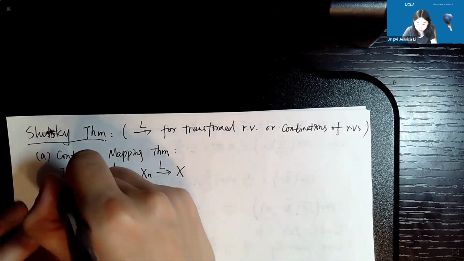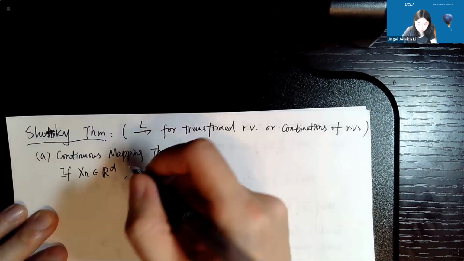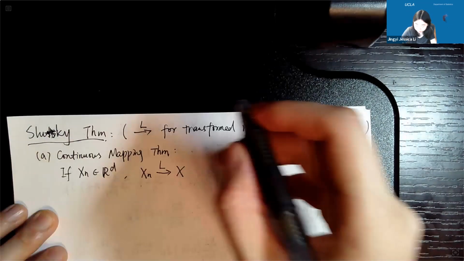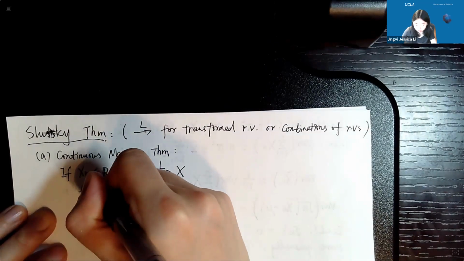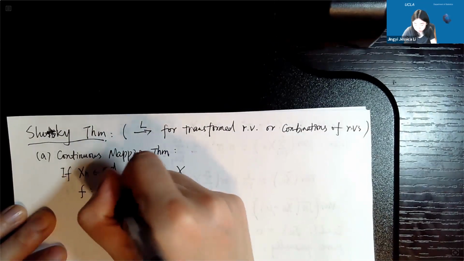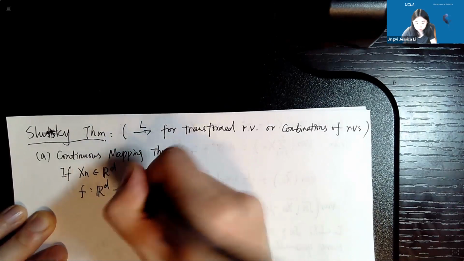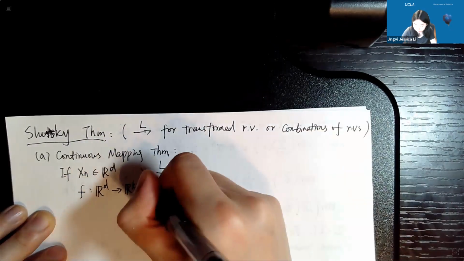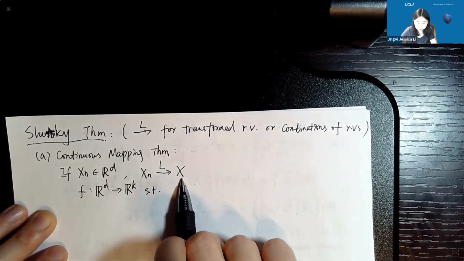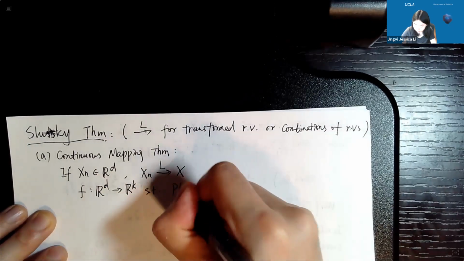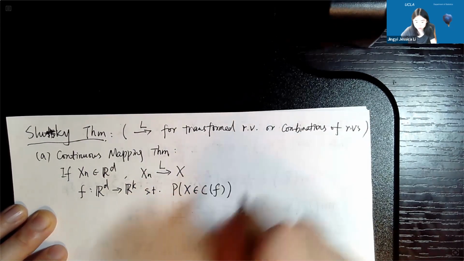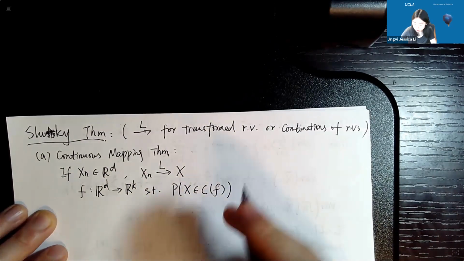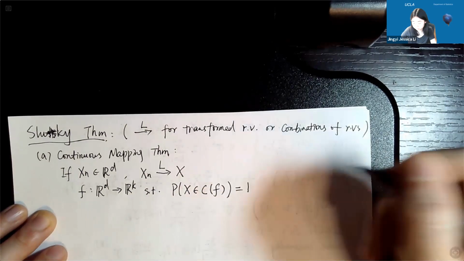And condition 2 is if F is a function that maps from d-dimensional to k-dimensional such that this limit random vector is in the continuity set of F. We used this notation before. It's in the continuity set of F with probability 1.